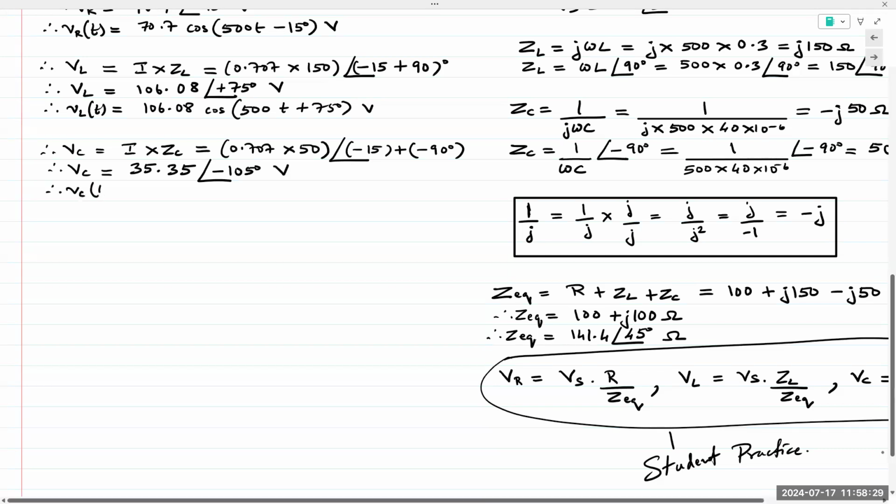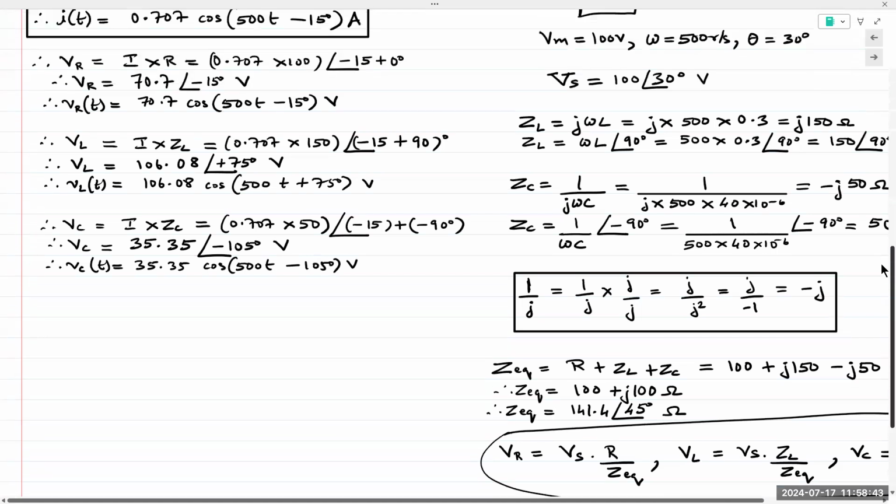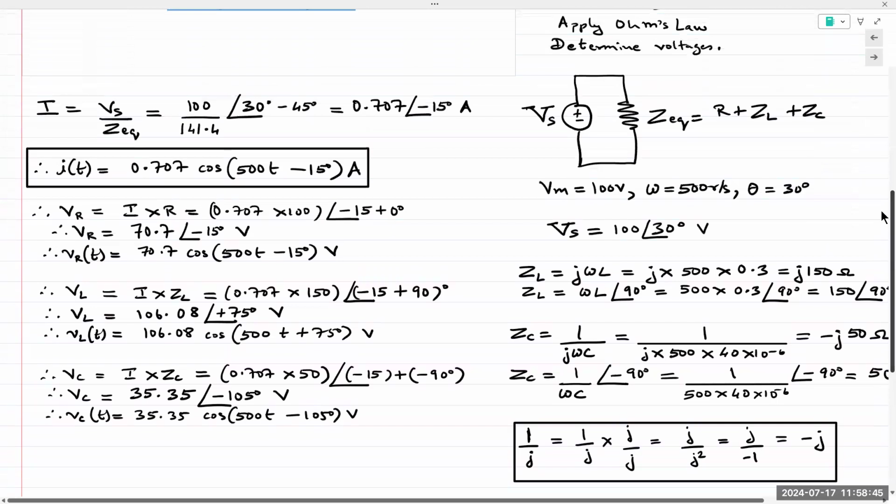And therefore VC of t is equal to 35.35 cos of 500t minus 105 degrees. Those are your three voltages. So let's take a longer pause while you write it all down. Let me know if you have any questions.